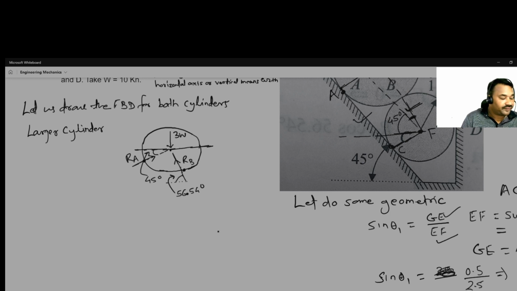Okay, so this is done for the FBD for cylinder 1, the larger cylinder. It is done. Okay, what about the lower cylinder?